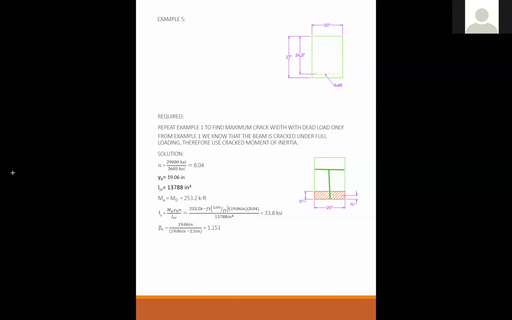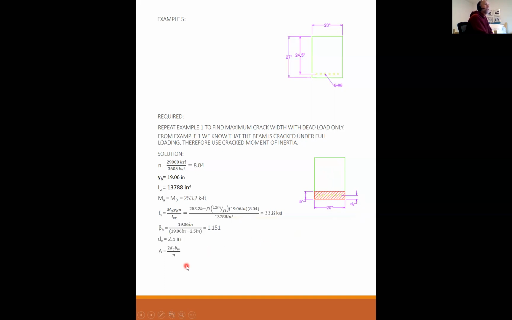Thank you. Okay. So sorry about these typos. They're embarrassing, but you try to catch them all. Okay, so, but this is correct here. Beta H is 1.151. D sub C is the cover from the bottom of the beam to the center of the steel. That's assumed to be the 2.5 as labeled here.